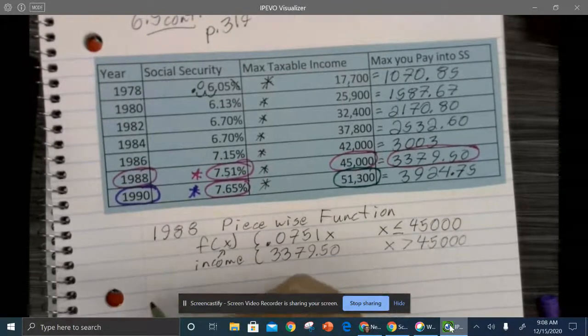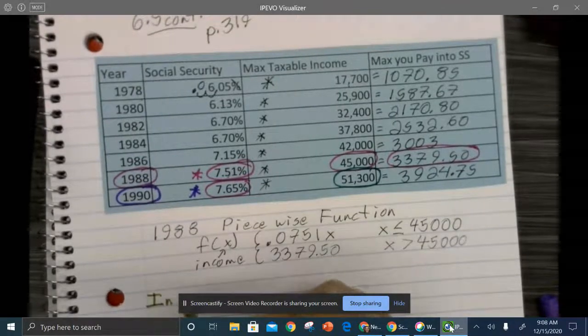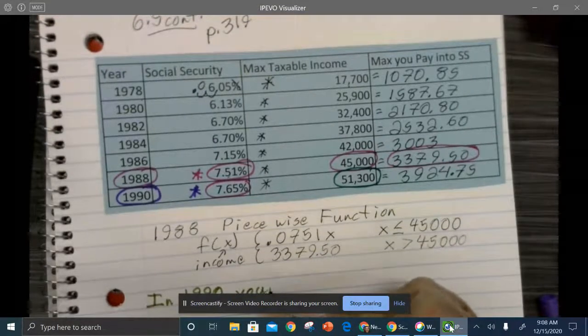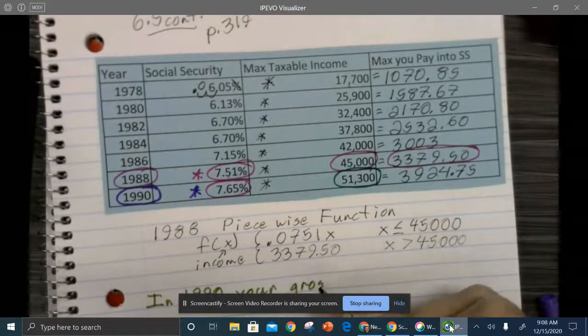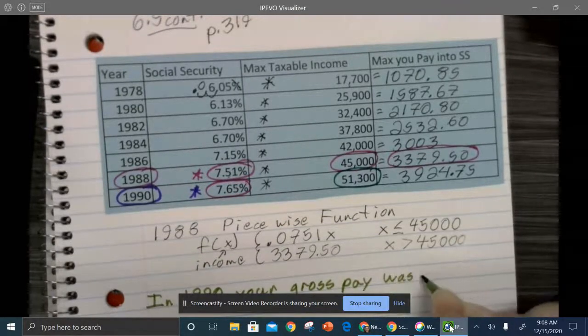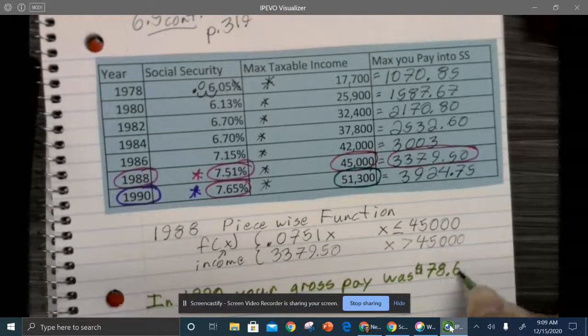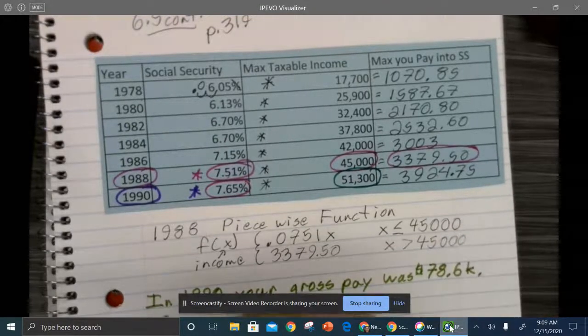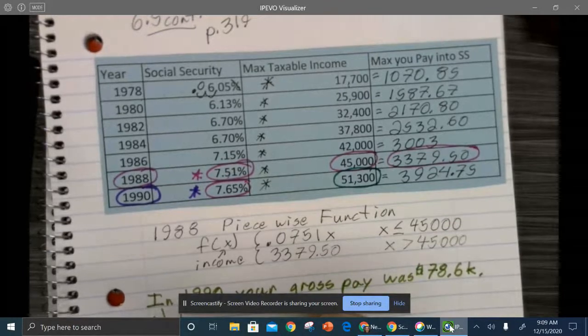Okay, so let's look at a different example. So in 1990, let's say your gross pay was 78.6K. Okay, we want to know what's your monthly pay.